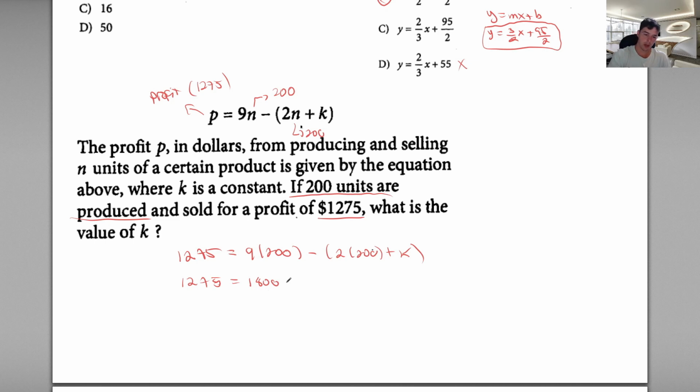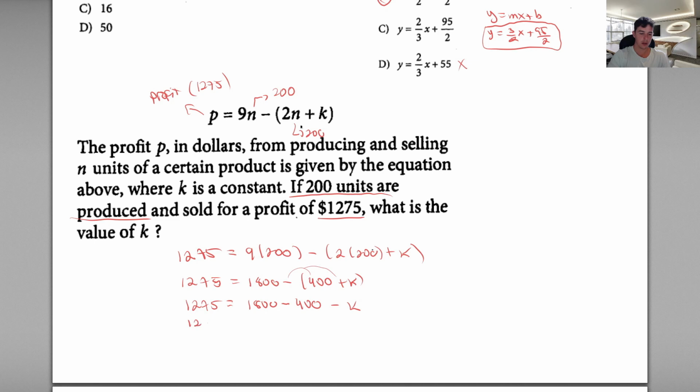Yep. Minus 400 plus k. Be careful with the parentheses, because since everything is in parentheses, we have to distribute the negative sign. So 1,275 equals 1,800 minus 400 minus k.